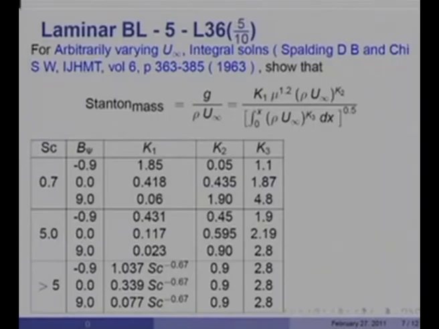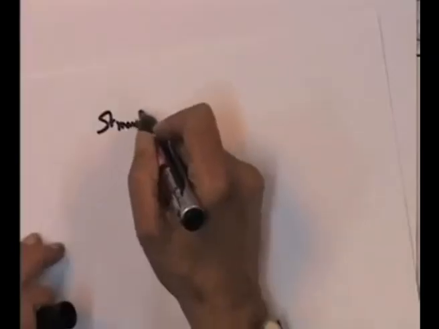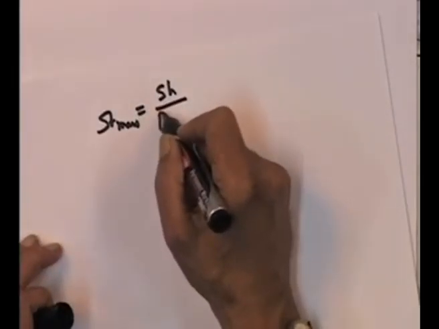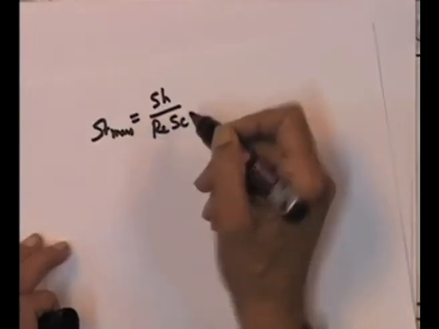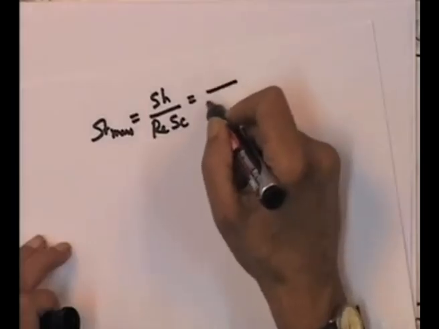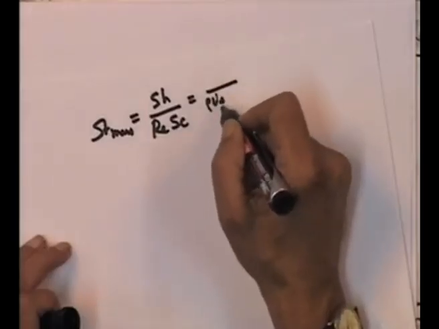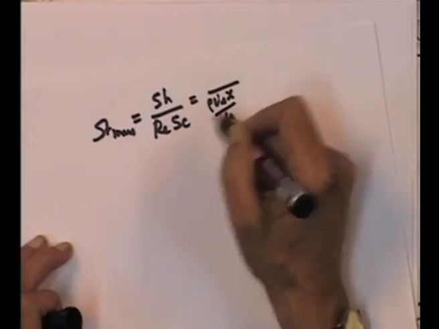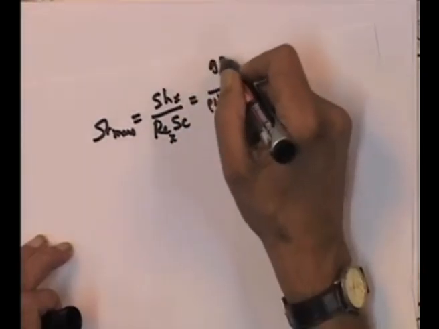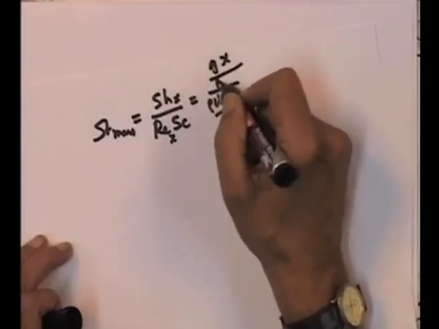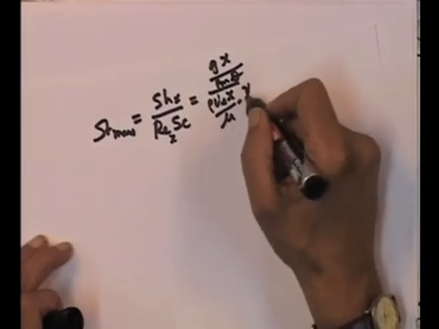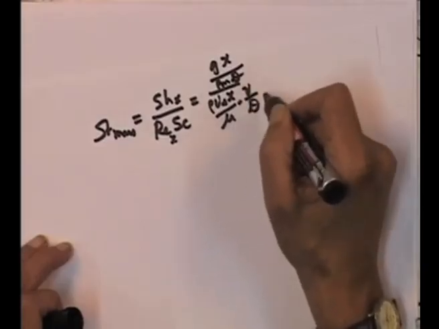Stanton number for mass transfer will be Sherwood number divided by Reynolds number into Schmidt number, and that would equal g x divided by rho times diffusivity, into Schmidt number, which is nu over diffusivity.